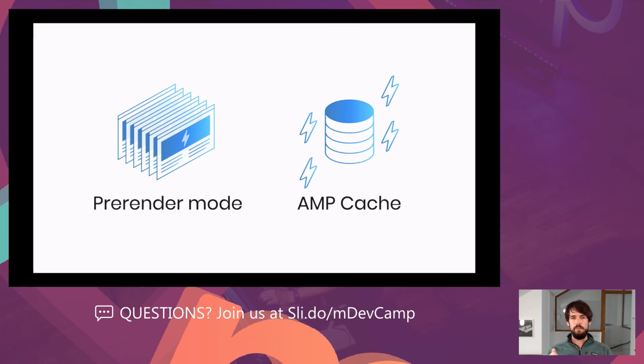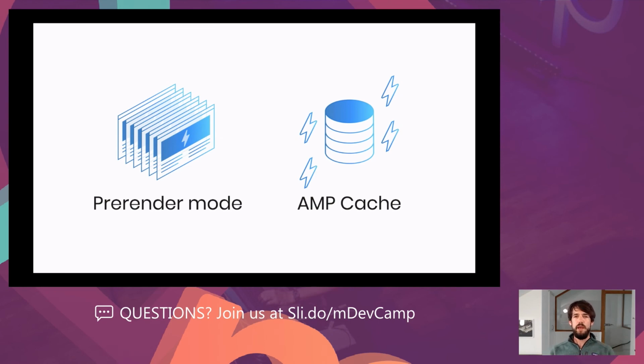You can load an AMP page in Prerender Mode and it won't fire any analytics requests, image requests, and so on, to avoid, for example, the page leaking any kind of user private information while pre-rendering.